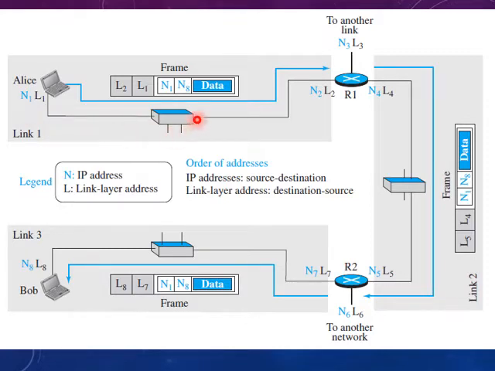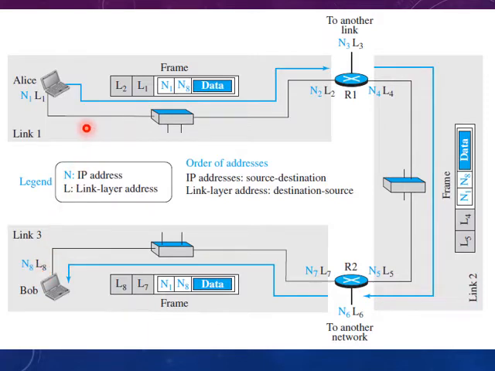Here we can see there is one switch, two switches and three switches, and there are two routers. So the network address of Alice is N1 and the link layer address is L1. And the network address of Bob is N8 and the link address of Bob is L8.